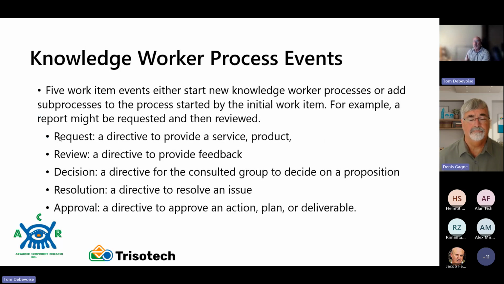Those five items would be: request, where he requests a trading partner, a customer, or someone in the organization to provide some type of service or product; and review, which can stand separately: please look at this and provide feedback to me.